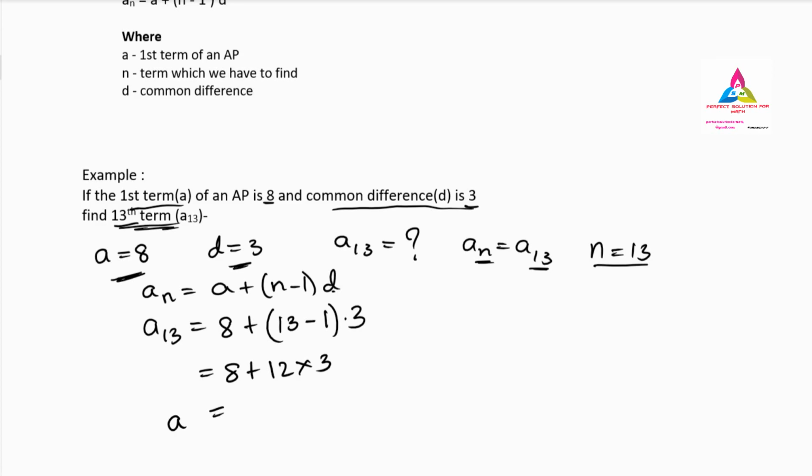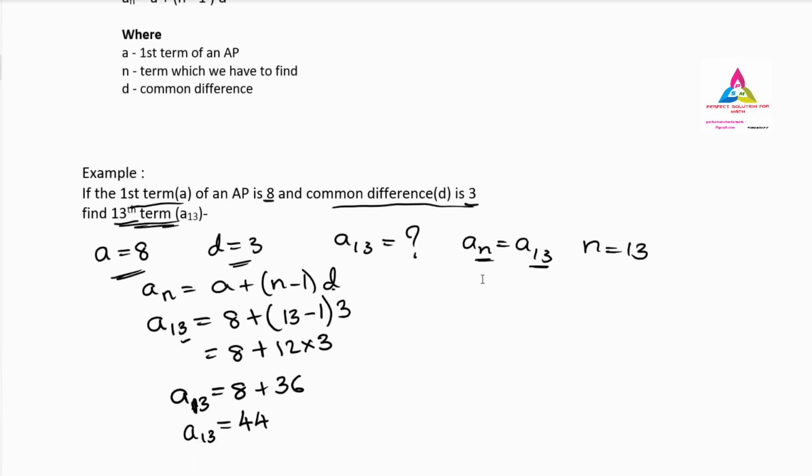A13 is 8 plus 12 into 3, which is 36. Lastly A13 is 8 plus 36, which is 44. In this way we can find the 13th term, and 44 is the 13th term.